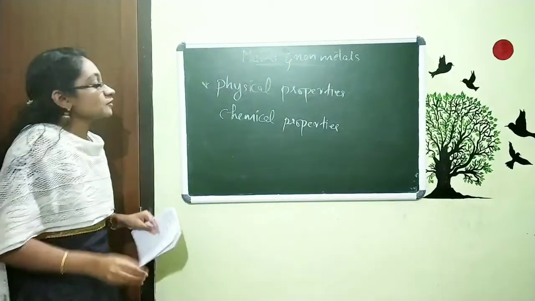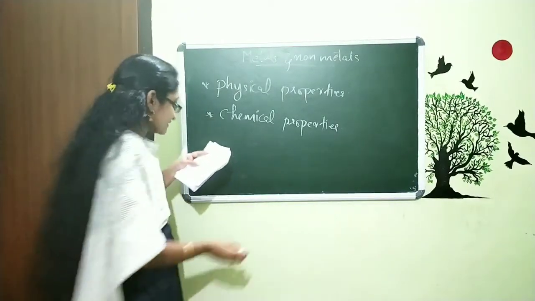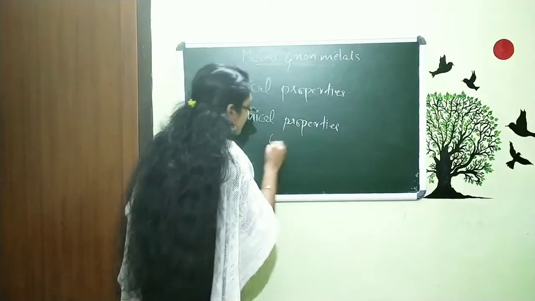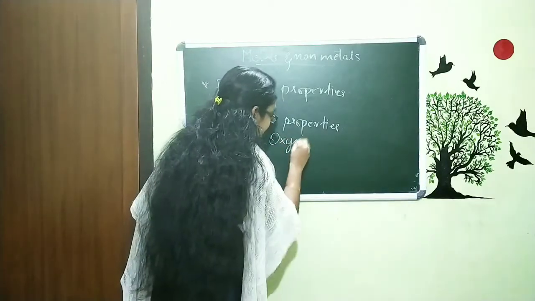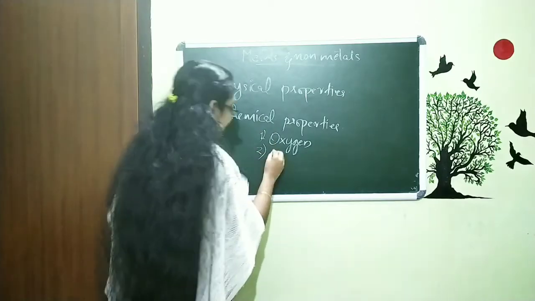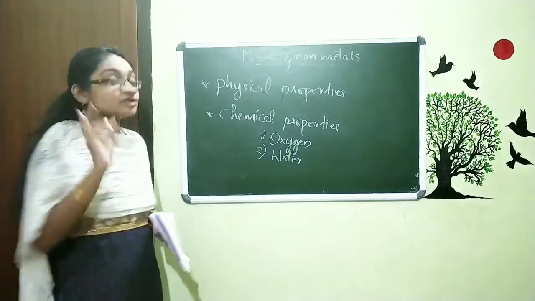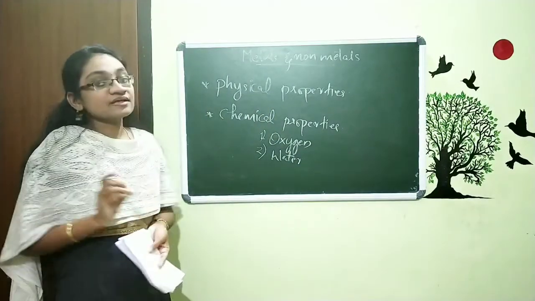Some of the chemical properties we already discussed. Which are they? We discussed reaction with oxygen. That is the first one. Then we discussed reaction with water. These are the two things we discussed in the last class.